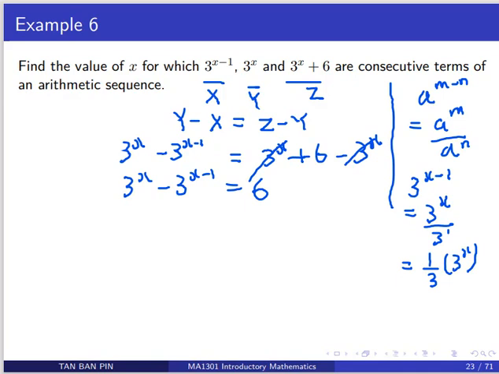So with this observation, you can write it as 3 power x minus 1/3 of 3 power x equals 6.